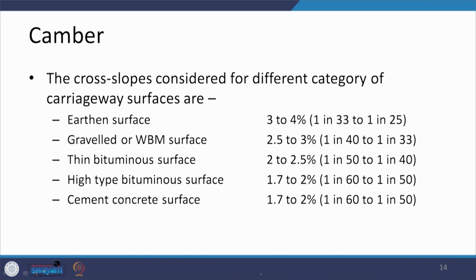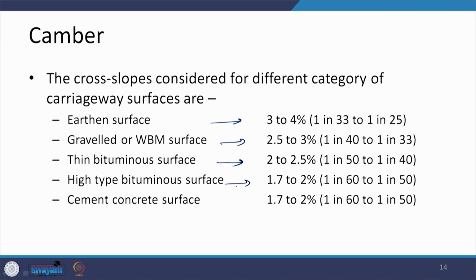Now, we can look at the various values of the cross slopes which can be there. As I said, if you are going to a worse type of surface like an earthen surface or a gravel surface, the slope has to be steeper. So, what you can see is 3 to 4% has to be provided if it is an earthen surface. If it is a gravel surface, then 2.5 to 3%. If it is a thin bituminous surfacing, then 2 to 2.5%.